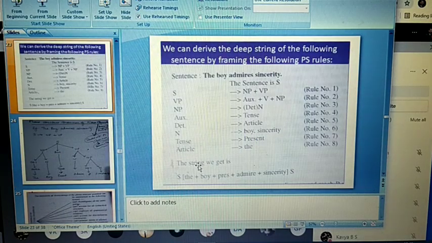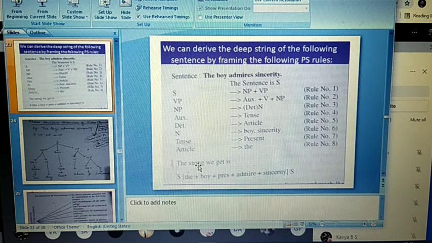Look at this. We can derive the deep string of the following sentence by framing the following phrase structure rules. Which is the sentence? The boy admires sincerity. Which is the first rewrite rule?